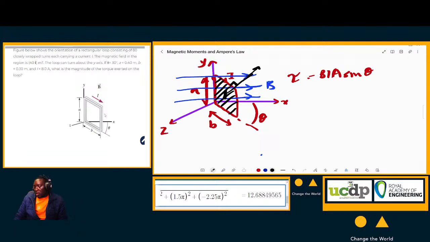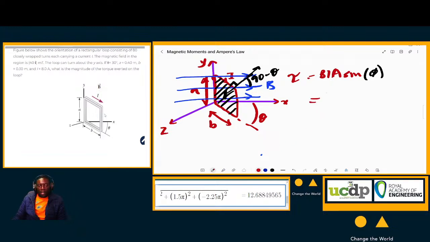And so if this angle is theta, then the angle which the area vector makes with the field is 90 minus theta. So we can call it sine phi, the angle which the area vector makes with the field. So what does that mean?